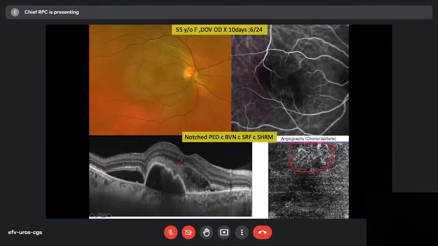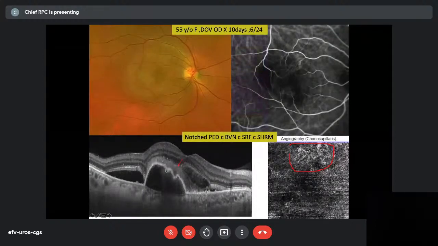This can be present in AMD as well as in PCV, the aging macula. Whenever you see this kind of material, which is a little translucent, opaque looking, unlike clear fluid, that indicates SHRM. A notched PED is very classical of PCV. There's some subretinal fluid here and there.